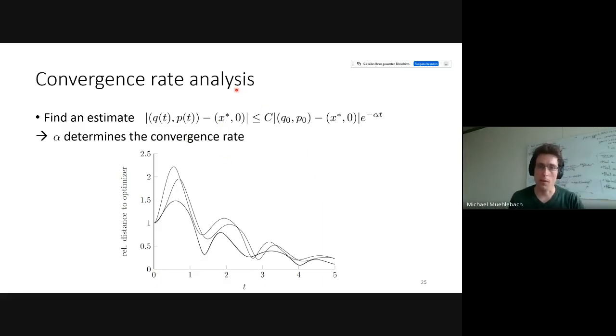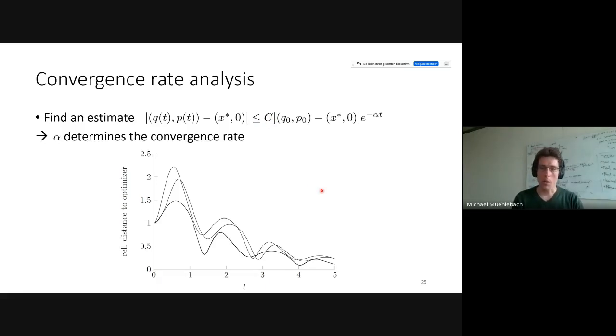The aim of characterizing the convergence rate is to find a bound that upper bounds the distance between your current iterates and the equilibrium by a constant times the initial distance times something that decays with a certain rate alpha. In the following I will concentrate on this rate alpha, but I will not try to characterize the constant.